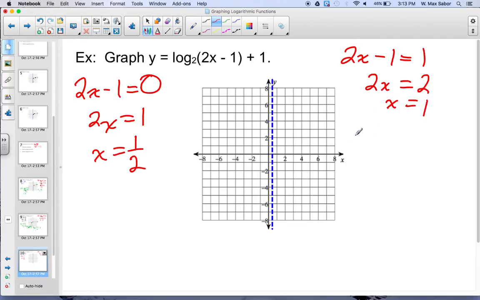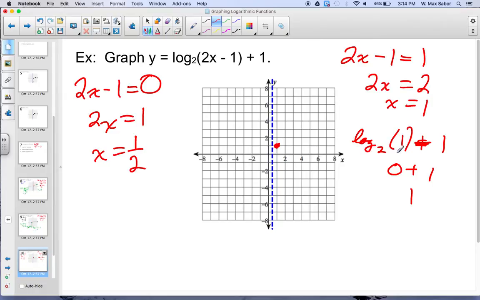If we plug in 1, we'll get out 1 as our input. So we'll have log base 2 of 1 plus 1 is 0 plus 1 or 1. So in other words, what I just did is I tried to figure out what would make this 1, because that would be 0 as the output of log base 2. And then we add 1 to that, so that's 1 comma 1.